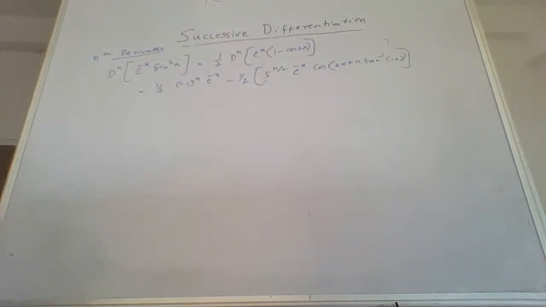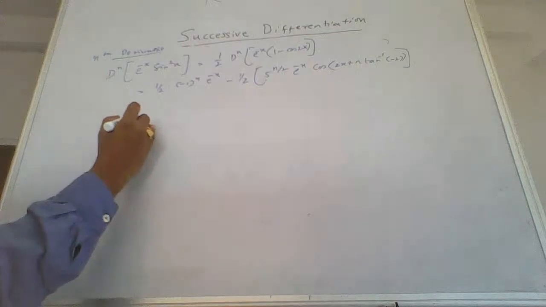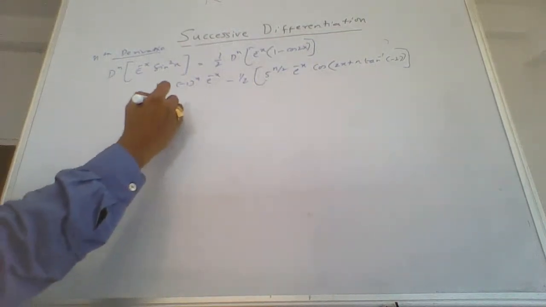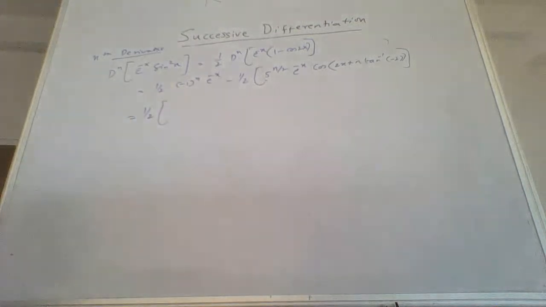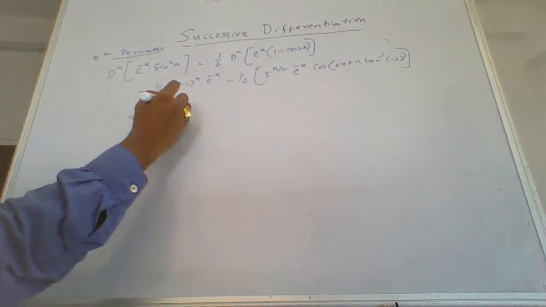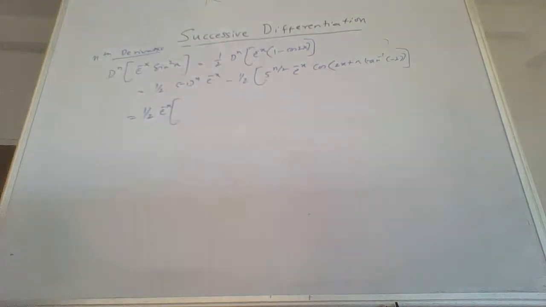So 5 to the power of n by 2, e to the power of minus x, cos of 2x plus n times tan inverse minus 2. So let us write this. We have e to the power of minus x common throughout, so I can take it outside.